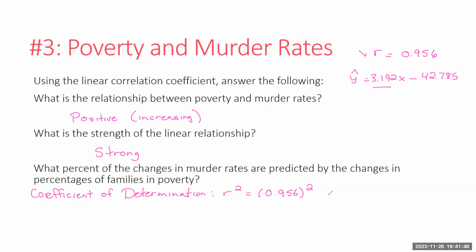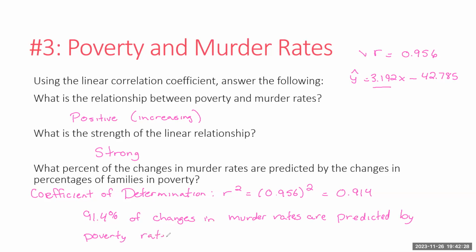And if I square that, I end up with 0.914 if we round it. So what I'd say here is that 91.4% of changes in murder rates are predicted by my percentage of families in poverty. Or we are going to say they're predicted by poverty rates.